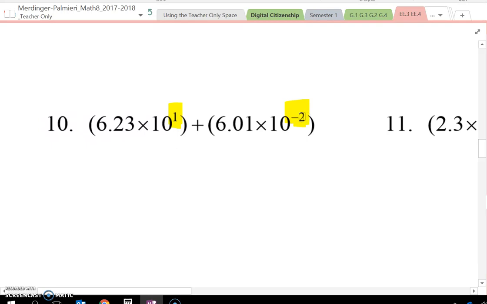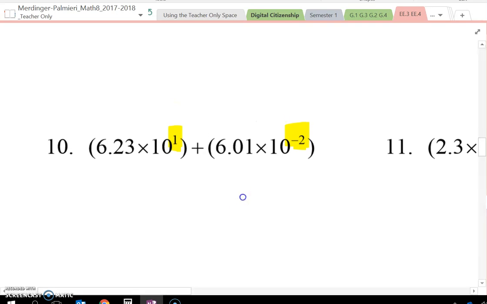Clearly the -2 is the smaller one, but we want to be really careful when we're bringing that up to match the 1. So -2, in order to turn it into a 1, we are going to be adding 3 spaces. So I'm going to take my first factor here and move 1, 2, 3, and add your zeros in.